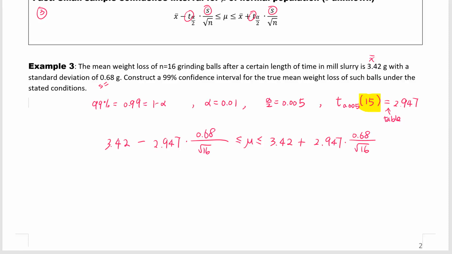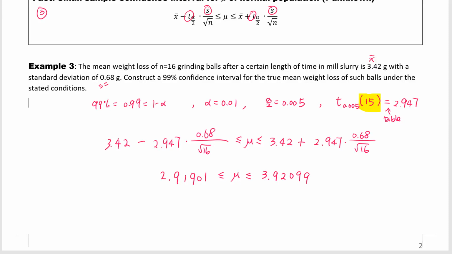Okay, so let's plug this in our calculator. 3.42 minus 2.947 times 0.68 divided by what, square root of 16? That's 4, right? Okay, my answer is 2.91901, less than or equal to mu, less than or equal to, let's see, we replaced minus by plus in the previous formula, so 3.92099.